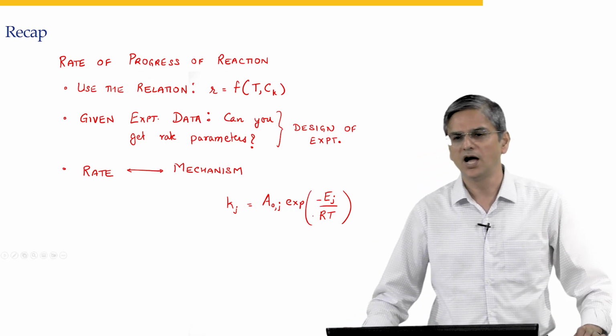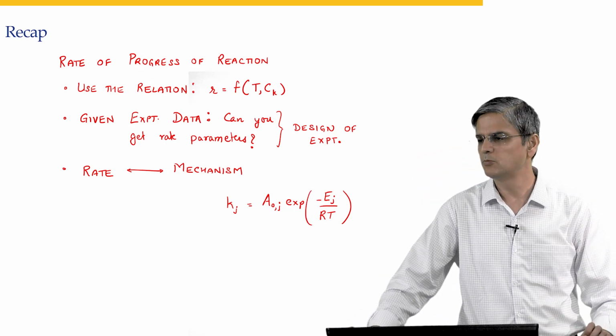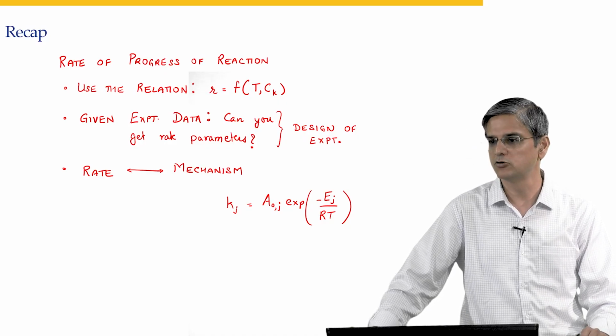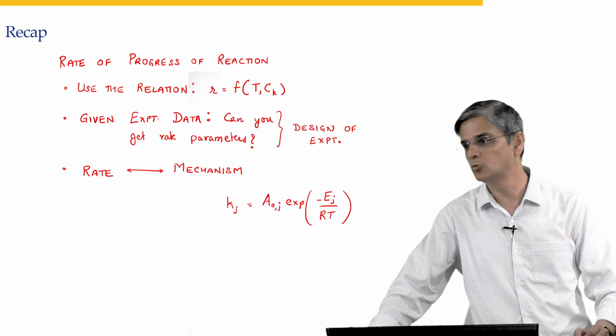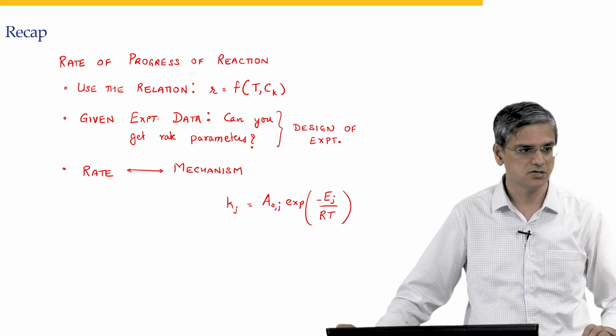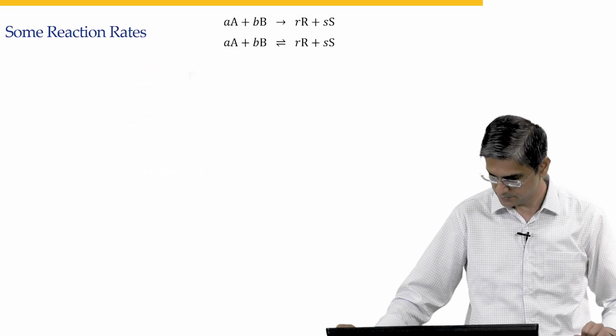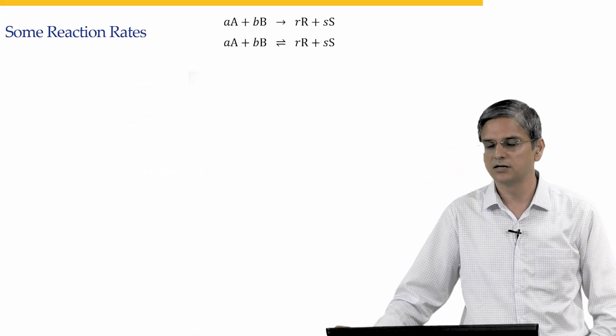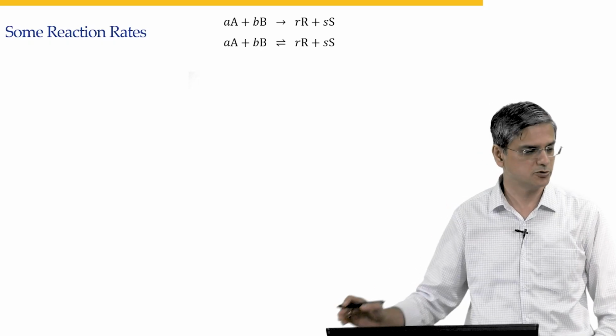And just a quick thing, Boltzmann's constant is nothing but R divided by Avogadro number. So, Boltzmann's constant is R in terms of per molecule basis rather than per mole basis. So, let us look at some reactions. Over to you.